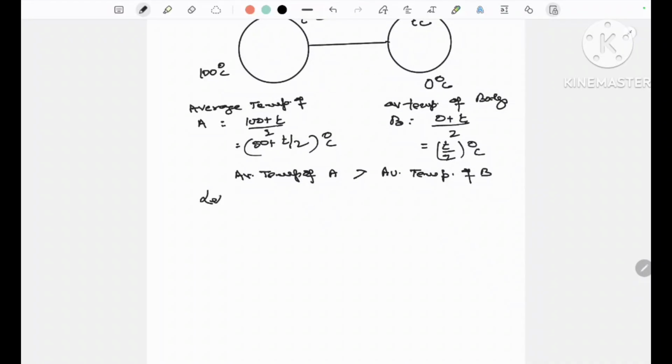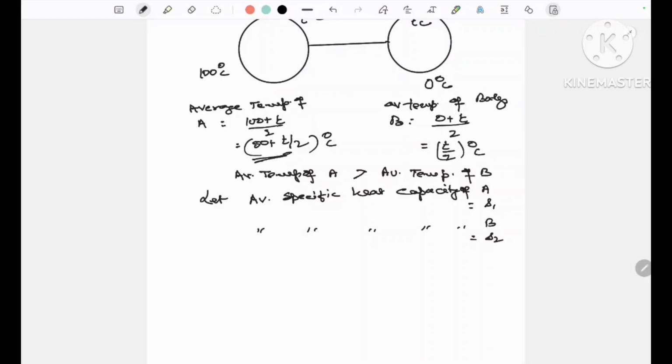Suppose the average specific heat capacity of A is S1 and average heat capacity of B is S2.